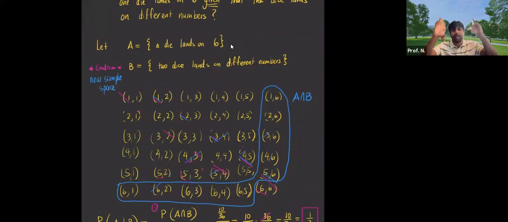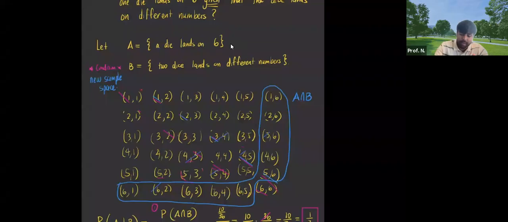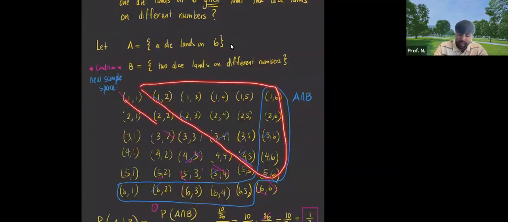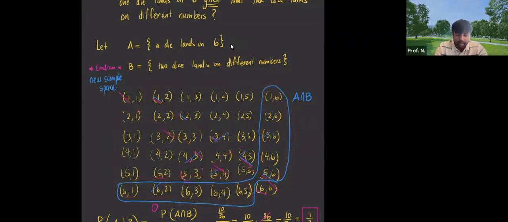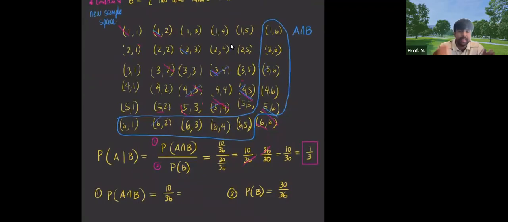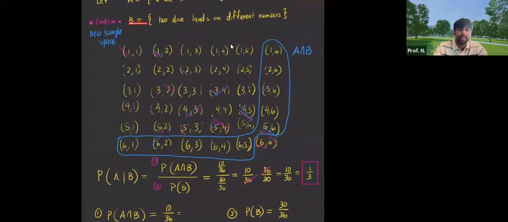Now that this becomes my new sample space, how many things do I have in it? Well, we just calculated that. There are 30 outcomes in my new sample space. And within my new sample space, I know there are the ones that have a 6 in them. And how many are those? There's 10. So the probability of A intersect, given B, I can go directly to this number. I don't have to do this, then divide and multiply and cancel out. I can go directly to this given that I viewed B as my new sample space.